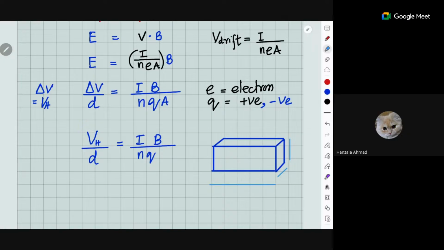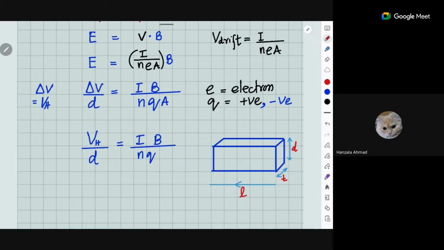These are two different sides, this small side and this breadth. This can be D, this can be T, but this can be L.